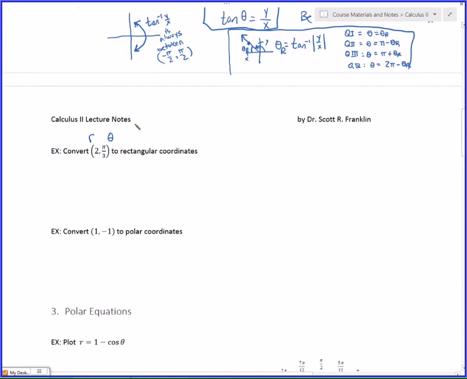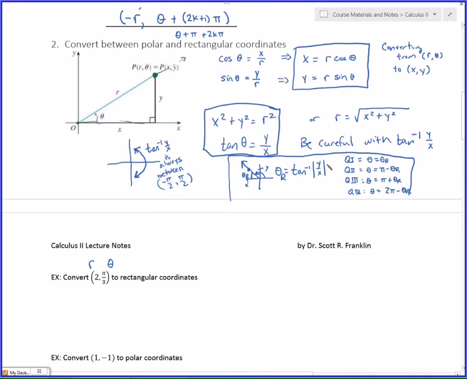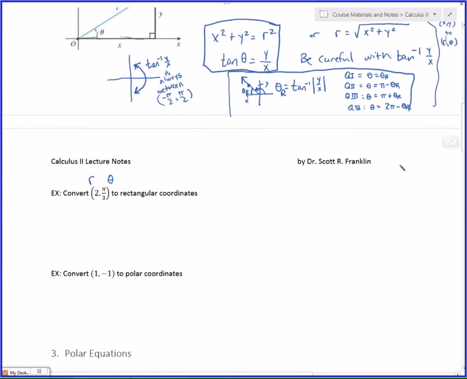So how do we convert that way? This stuff I just did down here is all for converting from xy to r theta. So if I've got r theta, how do I get xy?